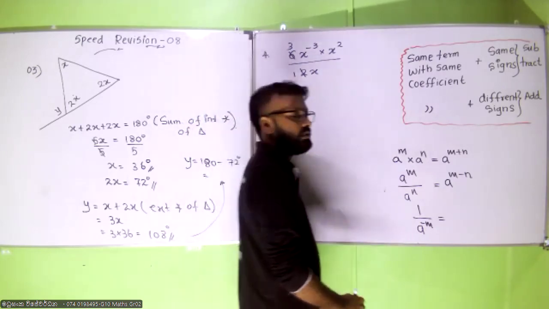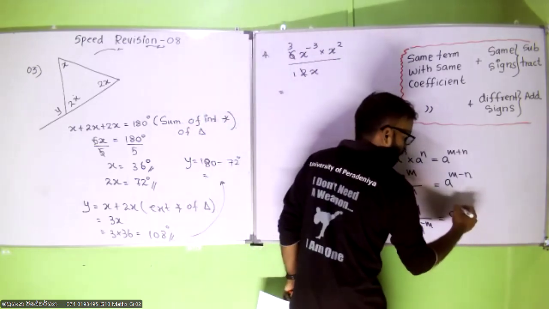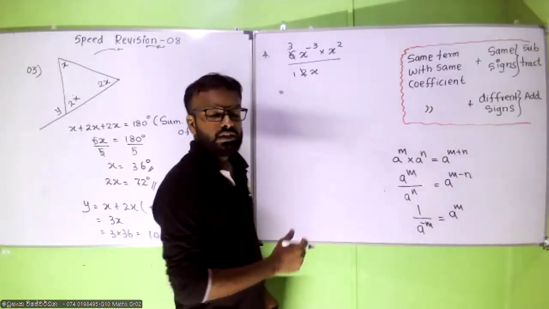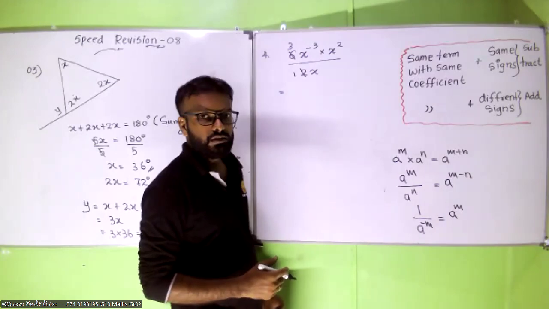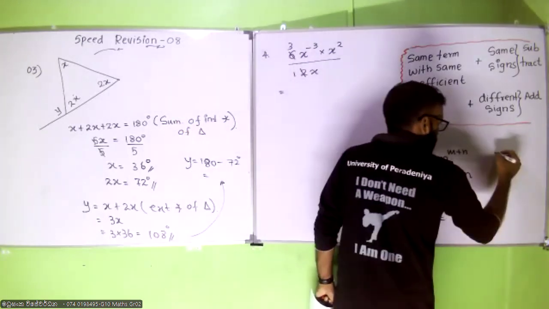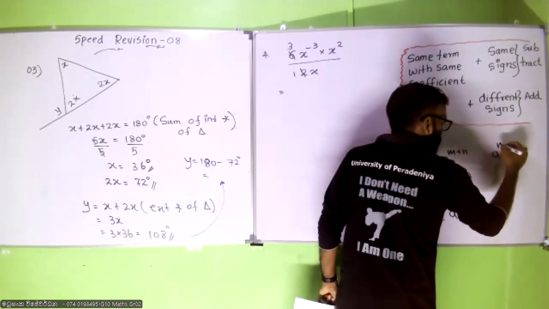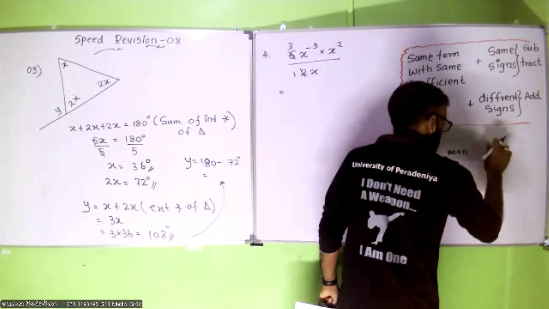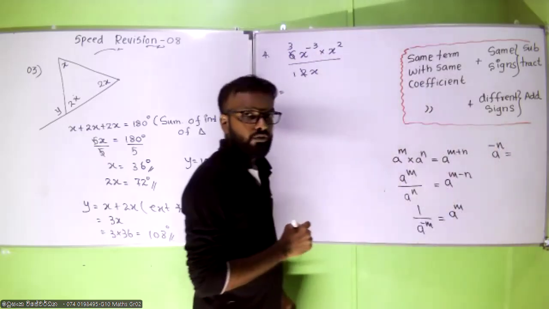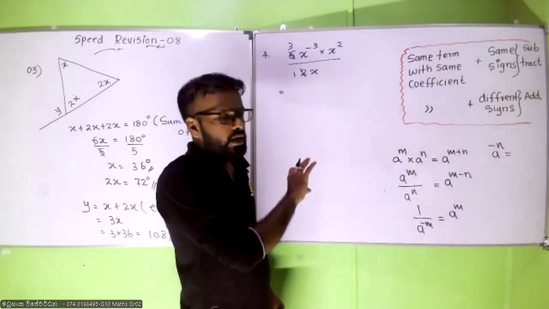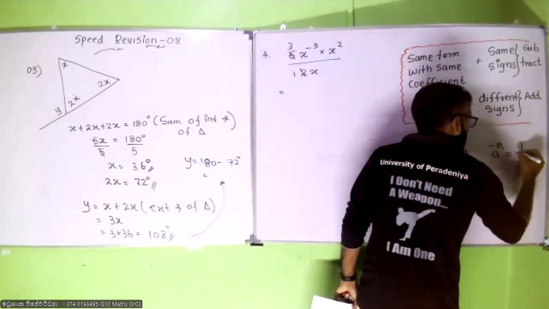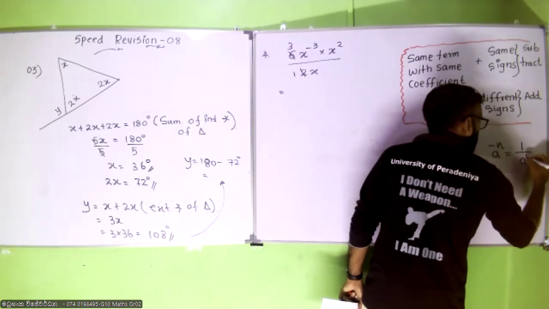Take the reciprocal: 1 over a to the power n. So the vice versa thing can be applied when you change your signs. If you want to make sure that you have a positive power, take the reciprocal: 1 over a to the power n.